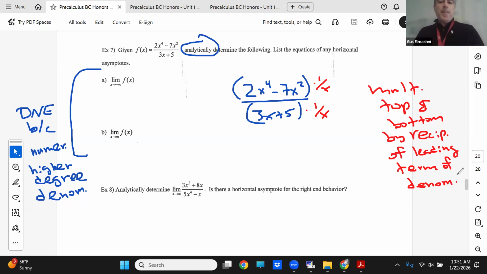Why do you think we're doing that? Because then you don't have a fraction over a fraction. So what winds up happening is this.